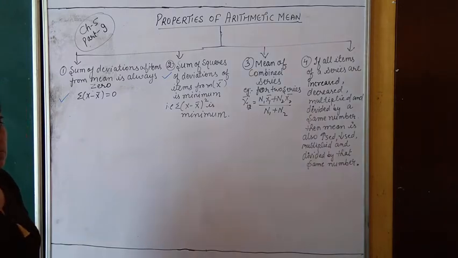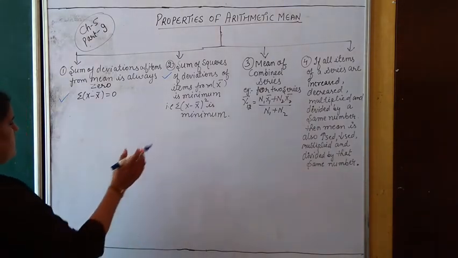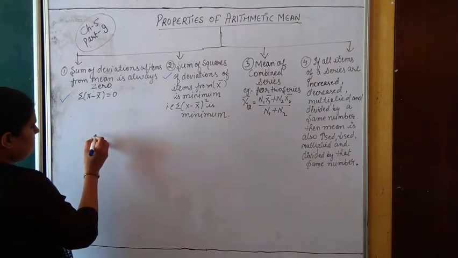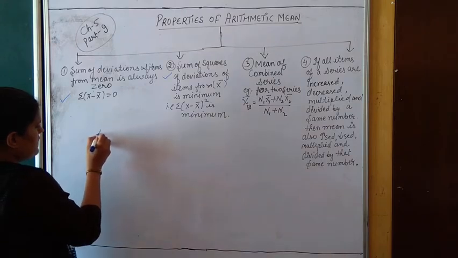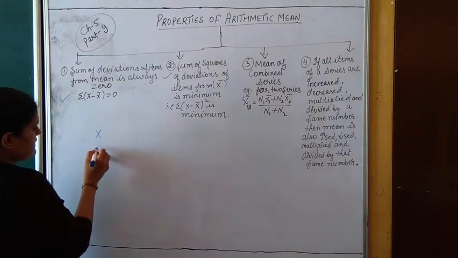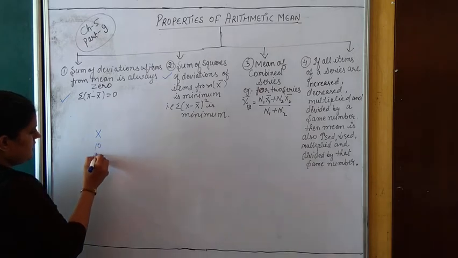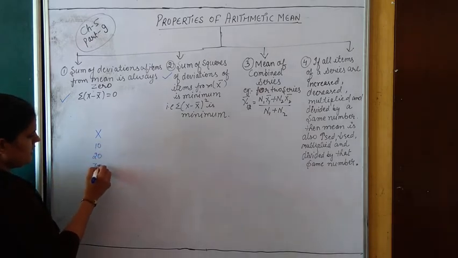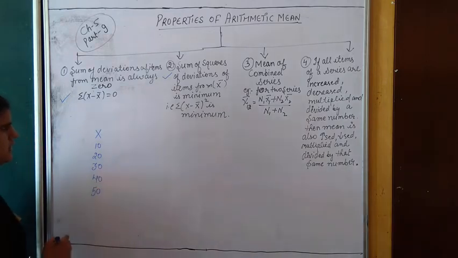Let me show you how it will be minimum. Suppose I am taking an example in which x is 10, 20, 30, 40 and 50. Clear बच्चे?